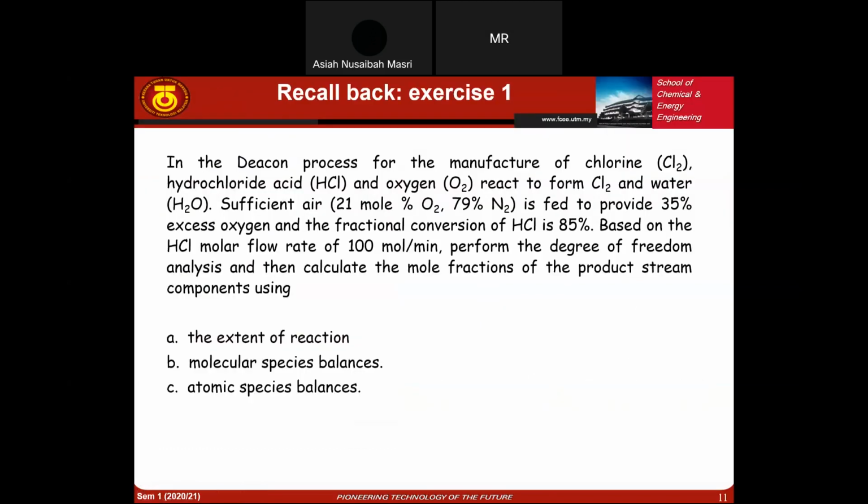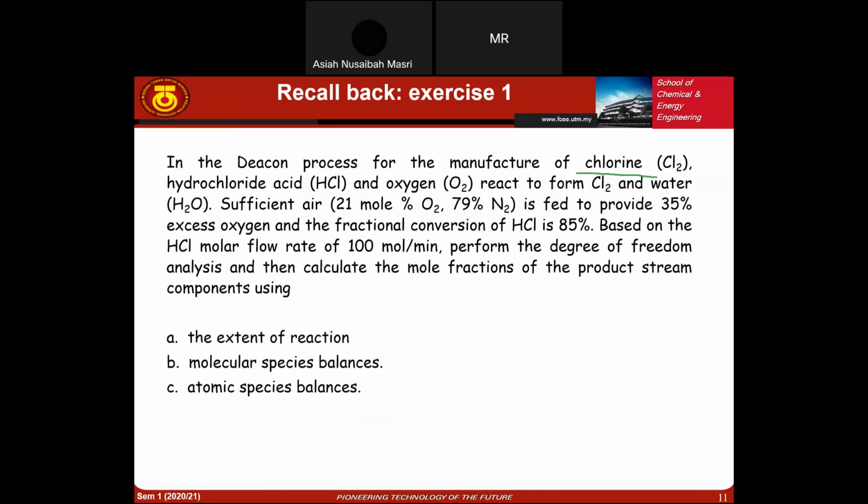Okay, let's recall back exercise 1. So let's read together. In a Deacon process for the manufacture of chlorine, so chlorine is our product, hydrochloric acid and oxygen react to form chloride and also water.